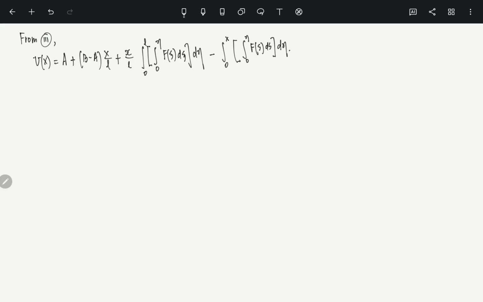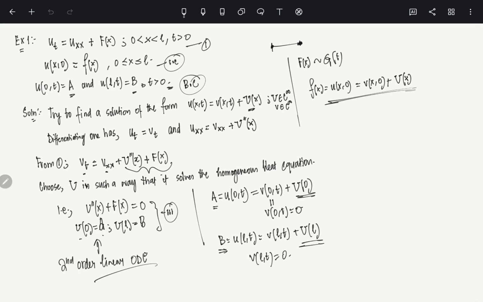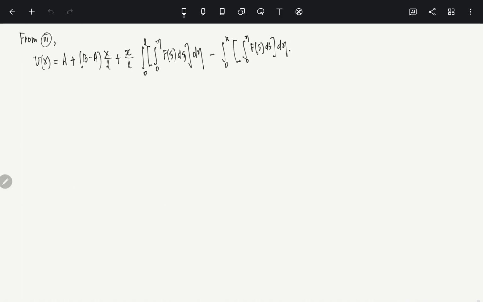I hope this is correct. Of course it looks a little complicated, but please check this part.